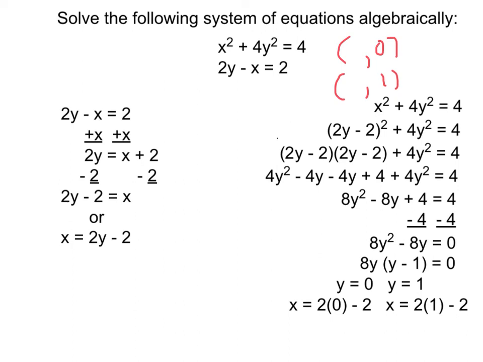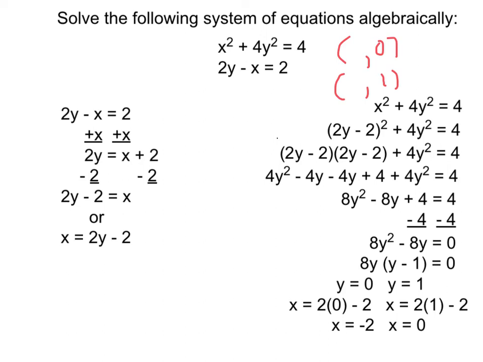If we replace the 0 with the y in this equation, we'll be left with x equals 2 times 0 minus 2. If we replace it with the 1, we're left with x equals 2 times 1 minus 2. So when y is 0, 2 times 0 minus 2 is negative 2. And when y is 1, 2 times 1 minus 2 is 0.